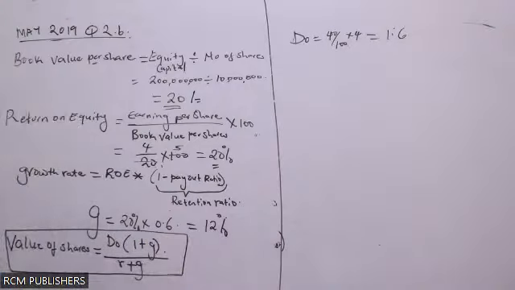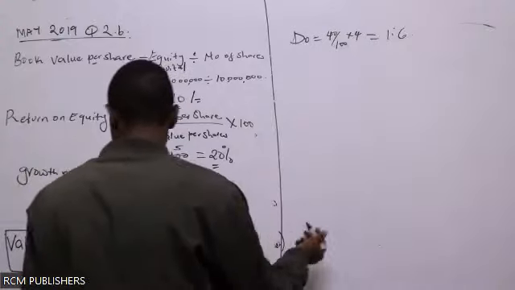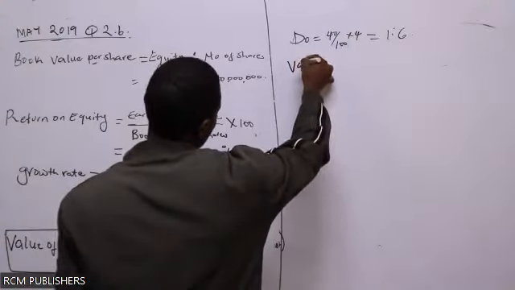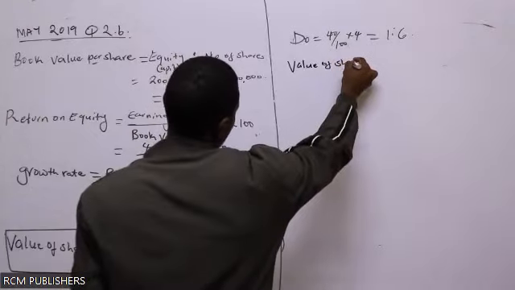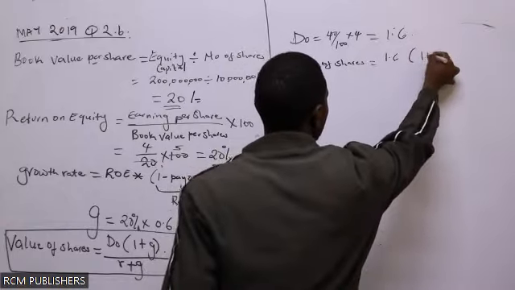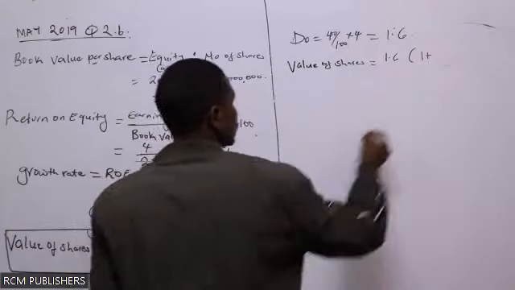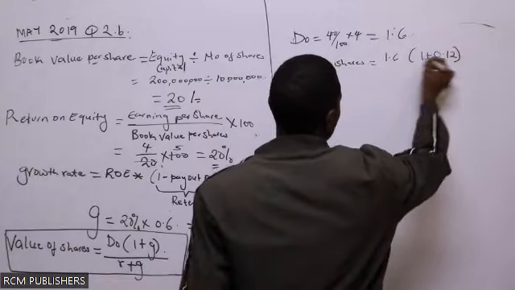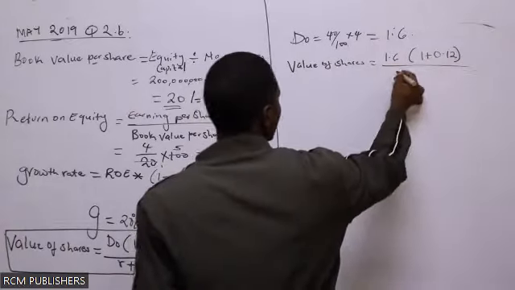Now people, how much do they get? Here it is just to replace. I have everything. So the value of share equals D0, which is 1.6, times 1 plus G, which is 0.12, divided by R, which is 18%.